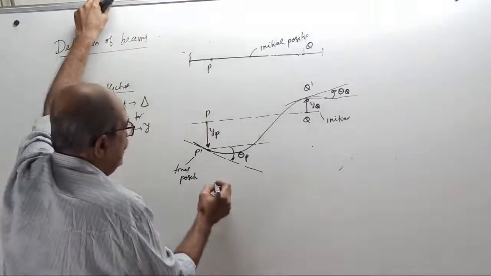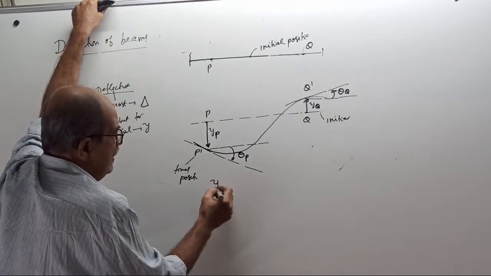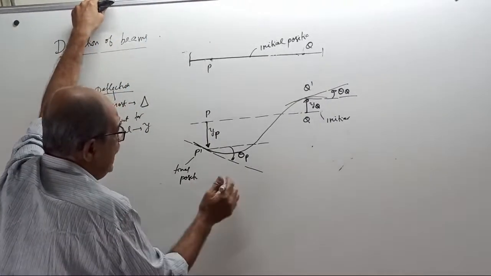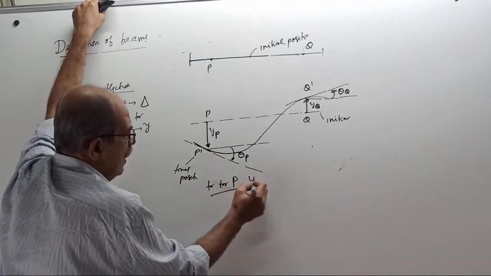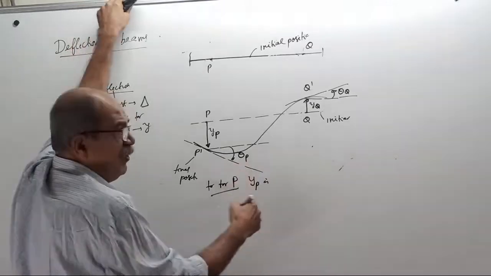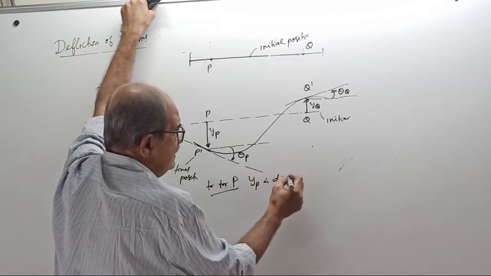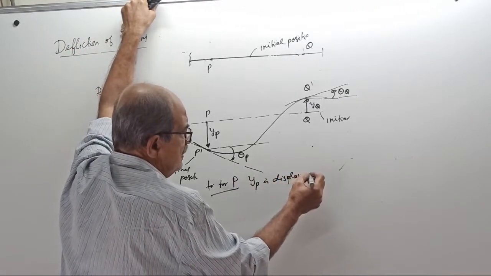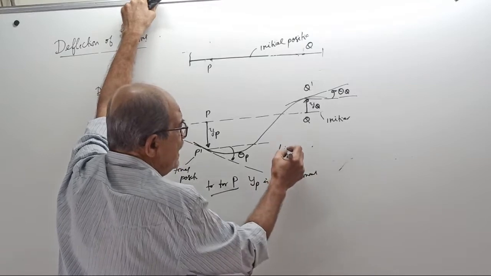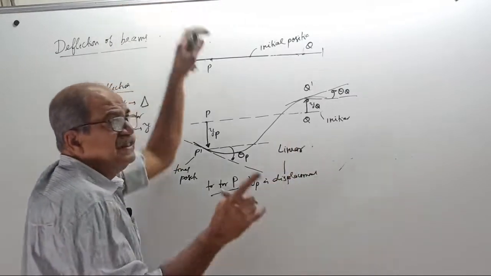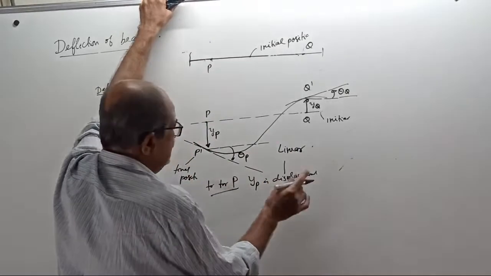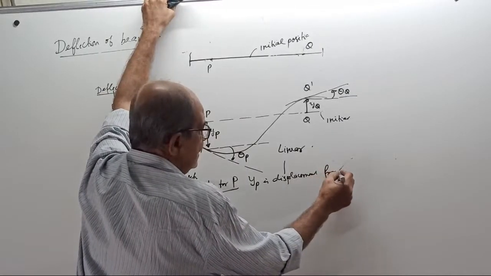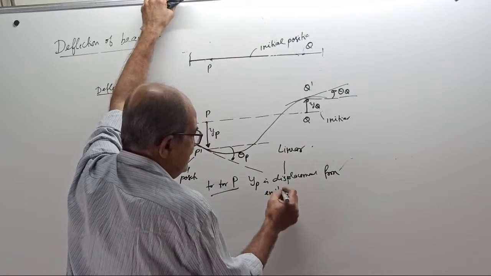Now, therefore, for the point P, yP is what? Displacement. Displacement means linear displacement. Remember, it is linear, like meter or millimeter, linear displacement from the initial position.